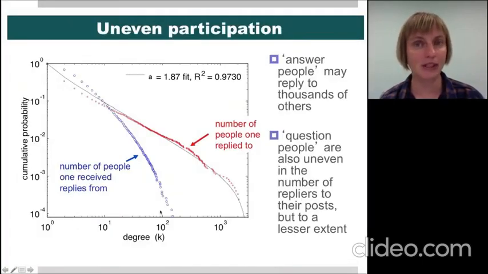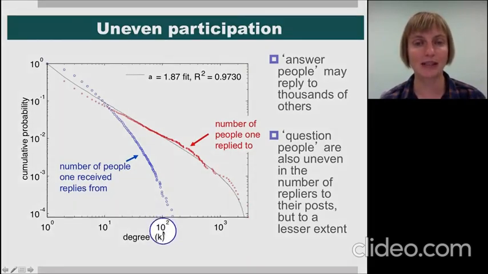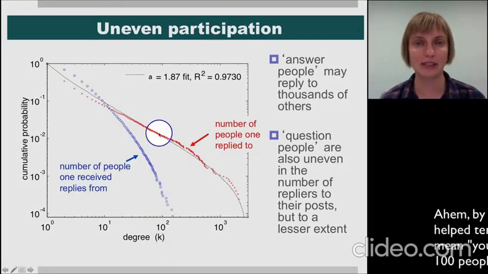We'll look at the degree distribution to see how it captures this uneven participation. Here I'm plotting the cumulative degree distribution, which means that, for example, if we look at having degree 10, say you have helped 10 others, this is the red curve, then we can read that there's a chance of 1 in approximately 100 that you have helped 100 or more people.